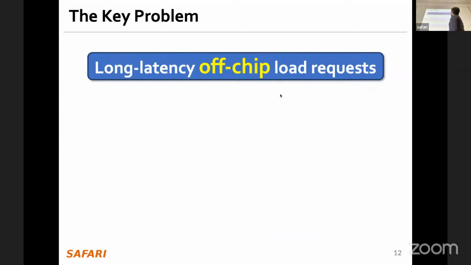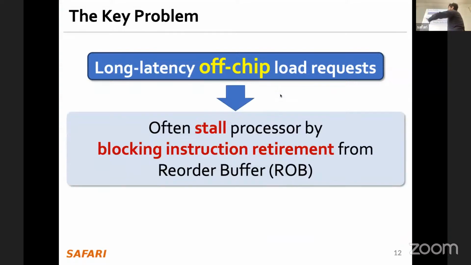The key problem we are looking at is that the longer the memory access latency, the more those memory requests stall instruction retirement. There is a buffer in the out of order processor, which is called the reorder buffer, if you have taken the computer architecture course. It's a buffer that holds all the in-flight instructions, and you can execute any instruction from that buffer as long as it satisfies some conditions.